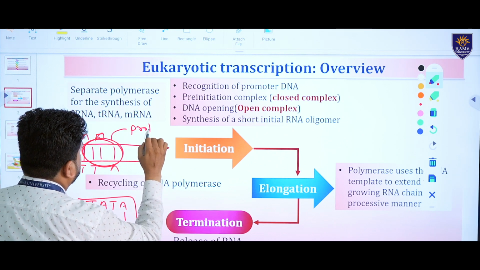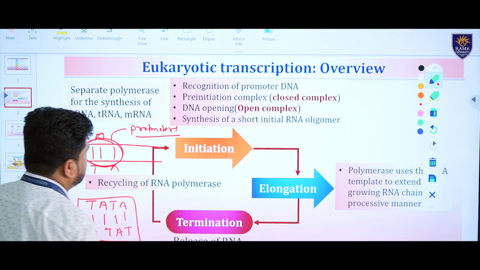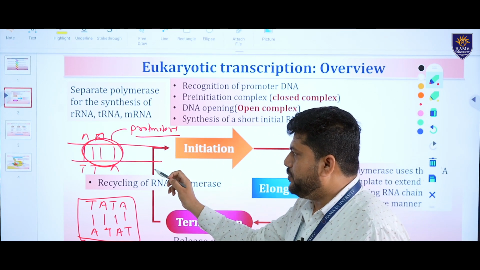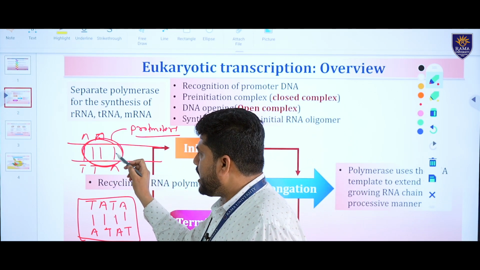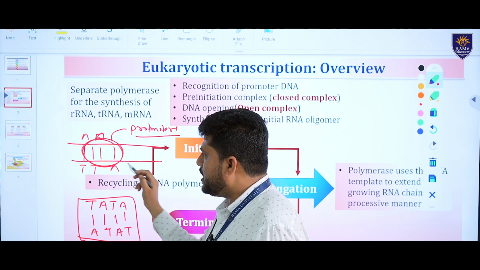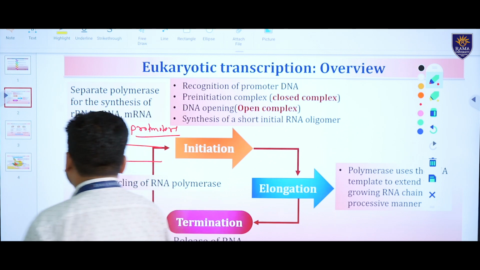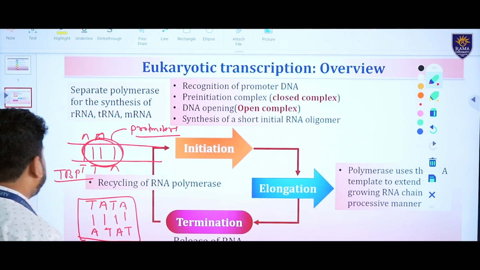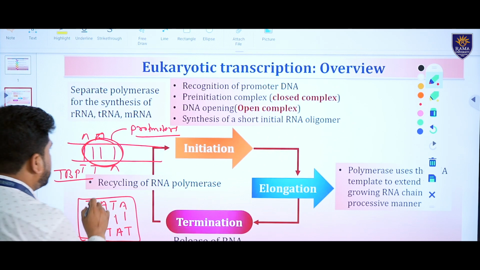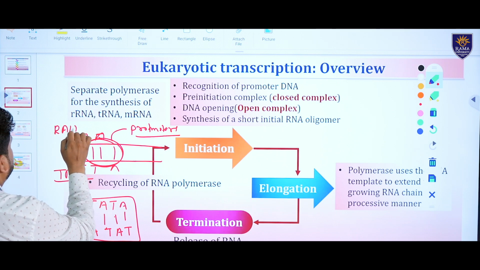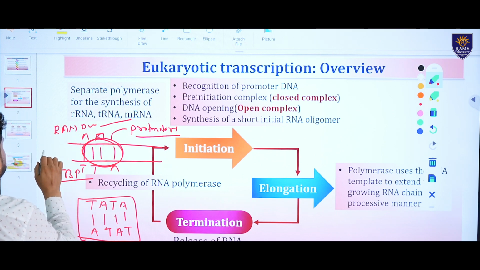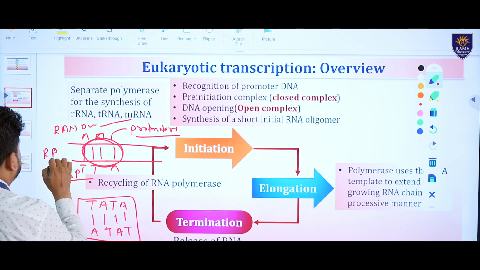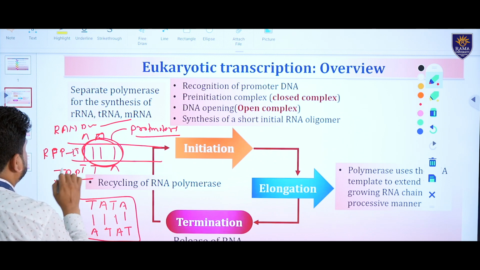Actually, promoters are the factors which bind to this place, and they help in associating the transcriptional binding proteins, TBP. The RNA polymerase has different factors, which are called RNA polymerase II factors. These are the factors.